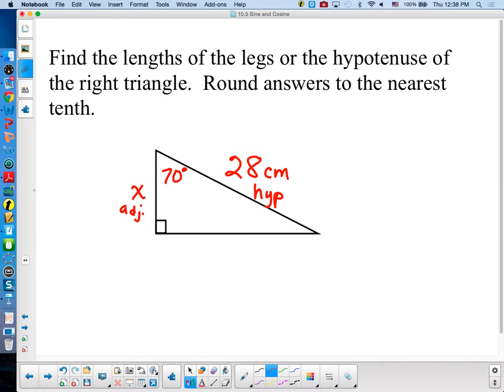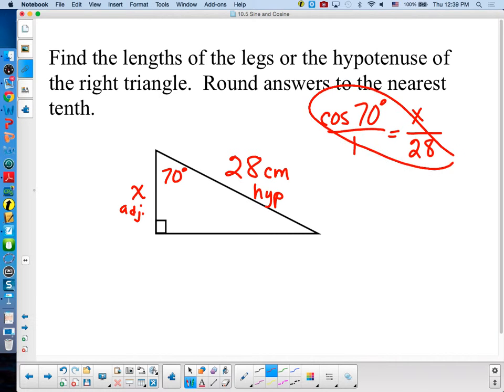So write down cosine, C-O-S. Cosine of 70 degrees over 1 equals x over 28. Times cosine of 70. Since you guys are using all my calculators, I can't do these with you.